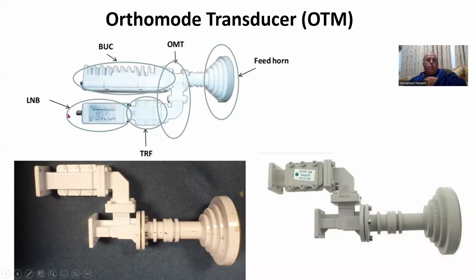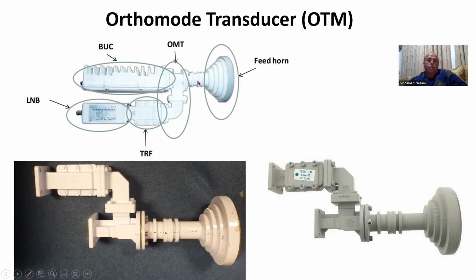So basically, again, like it points out here, you have a horn that illuminates a dish, and you have a power amplifier or block up converter, BUC, and you have the low noise block down converter for the receive. So this is transmit going this way, and that's receive going that way. And there's a filter in here to get more rejection from the transmitter to the receiver. And you get a variety of these. So here's another one, and here's another one.